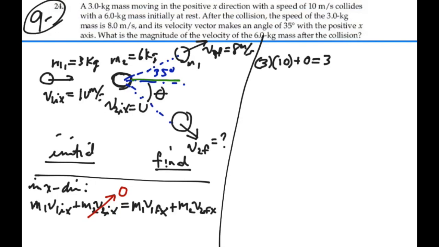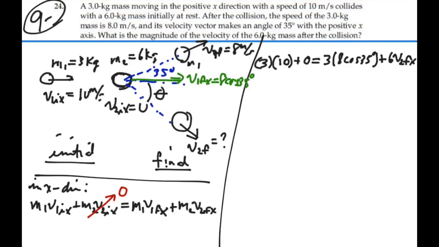So final velocity is going 8 meters per second at a 35 degree angle. So v1 final in the x direction is going to be 8 times the cosine of 35 degrees. So for our final here is going to be 8 cosine 35 degrees for v1 final in the x direction, plus mass 2, which is 6, v2 final in the x direction.